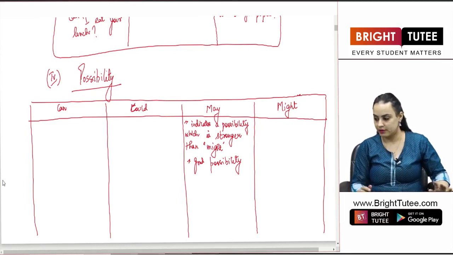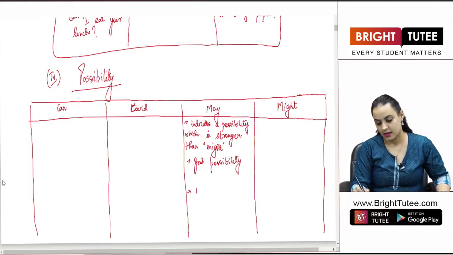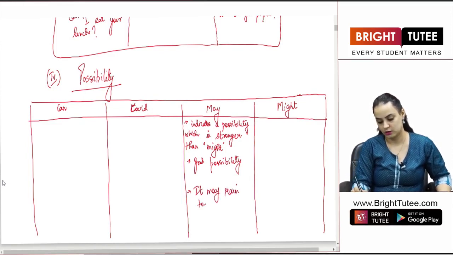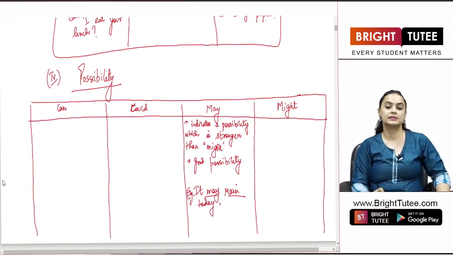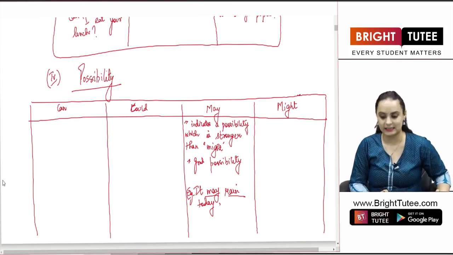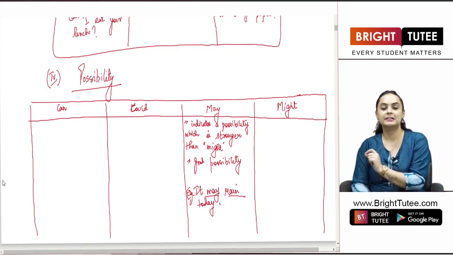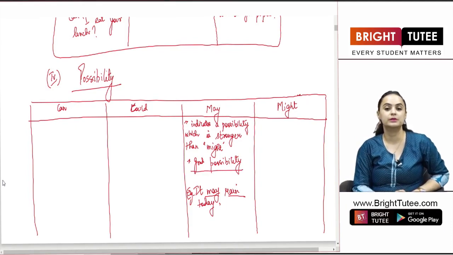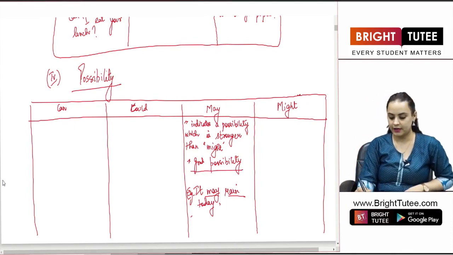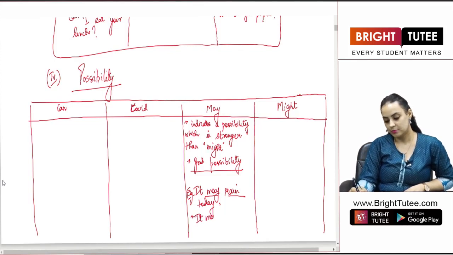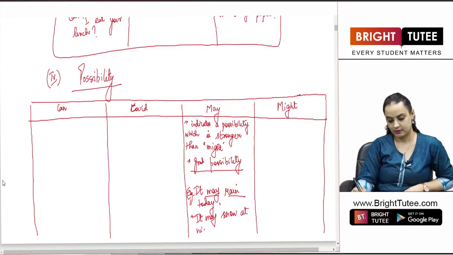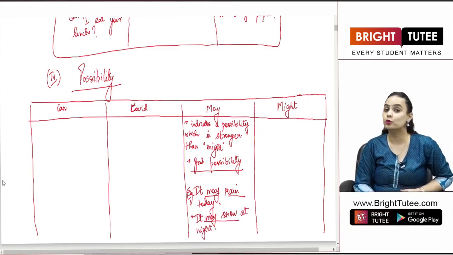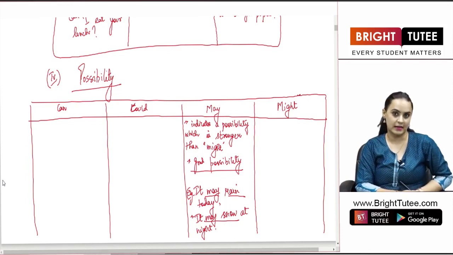For example, if I say, it may rain today. This is expressing the possibility of rain. So, it may rain today. It means that there is a good possibility of rainfall. If I say, it may snow at night, there is a good possibility for a snowfall at night.